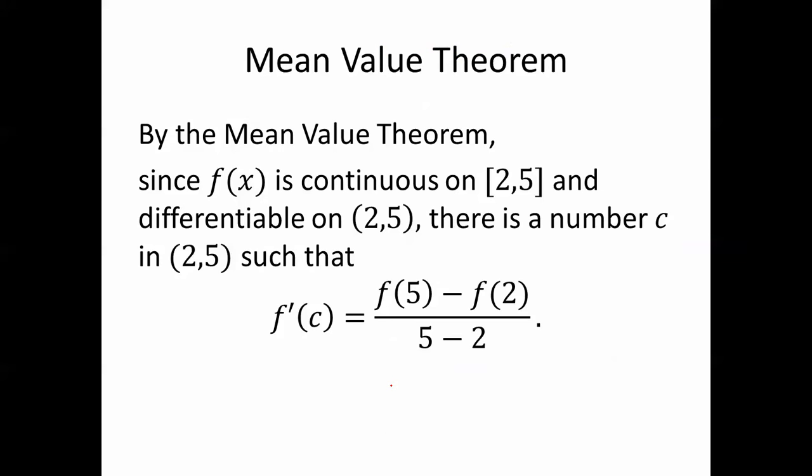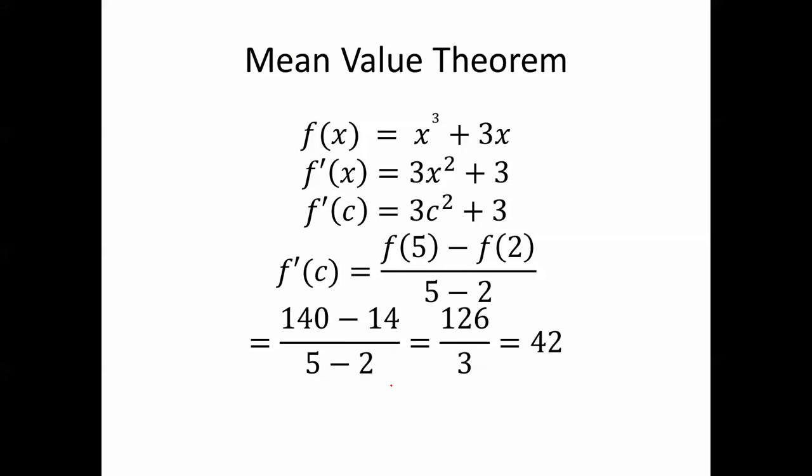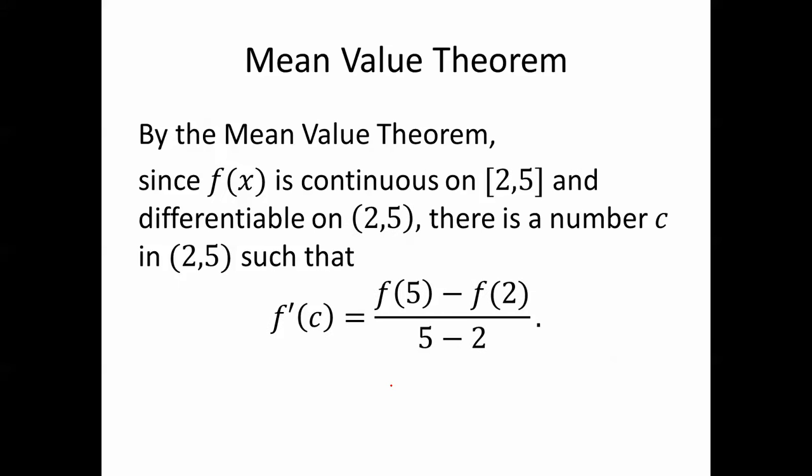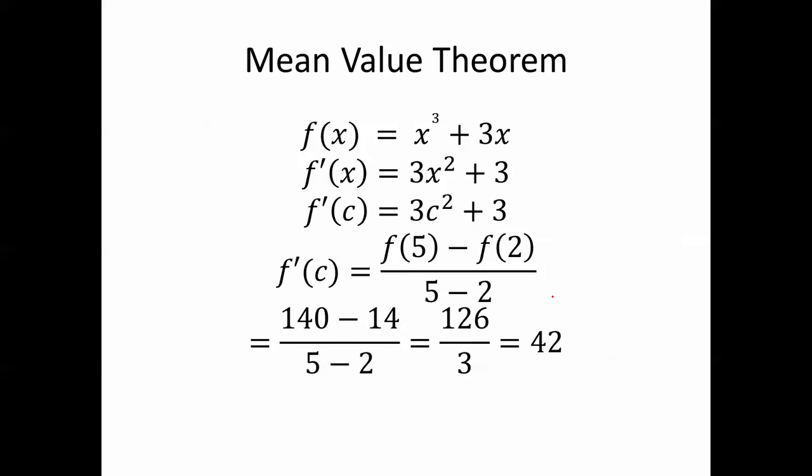By the mean value theorem, since it's continuous, we already saw that. So again, we want to find a point where f prime of c is equal to this. Let's calculate what this is. f of x is x cubed plus 3x, the derivative is 3x squared plus 3. So f prime of c is 3c squared plus 3. So there's got to be a place where f prime of c equals this quantity.